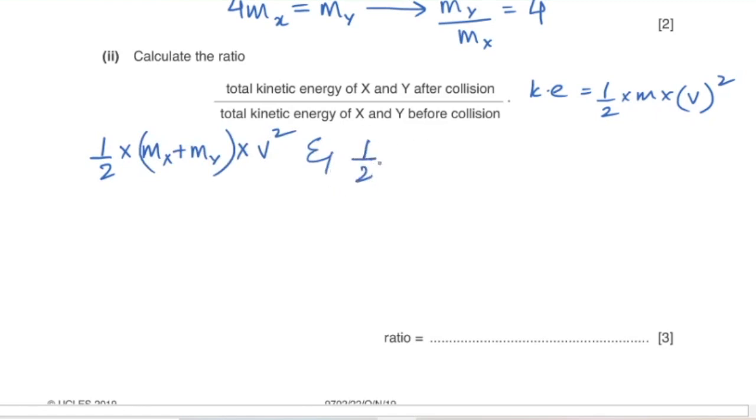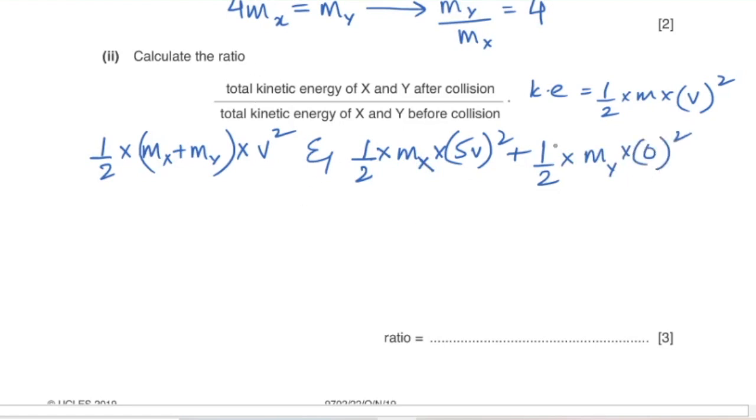So separately I will be calculating of mx and my. So this was 5v in the whole square plus kinetic energy of y before collision. Since y was at rest, so it didn't have any kinetic energy.